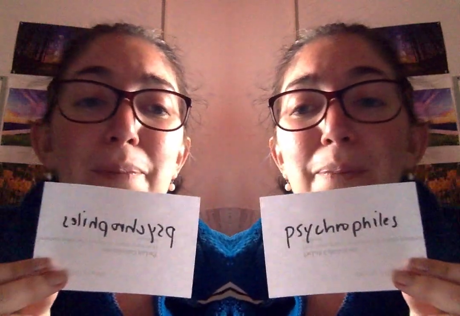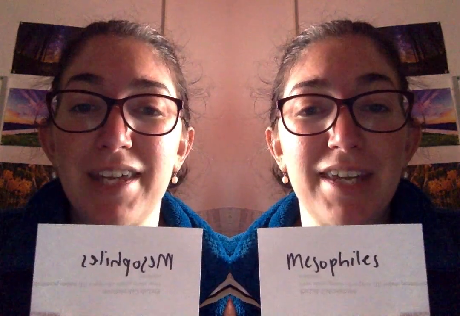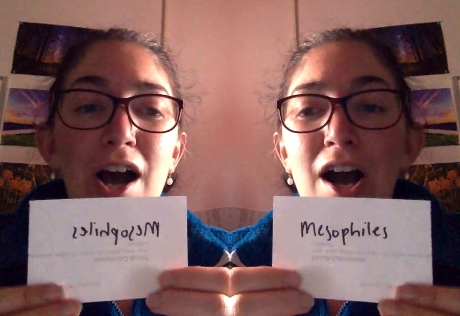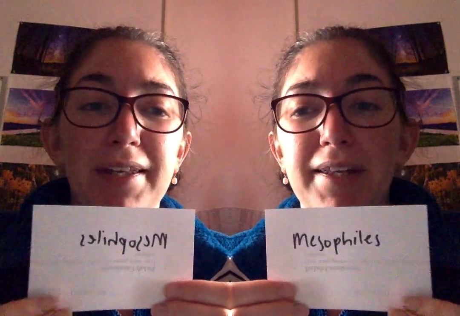So organisms that grow best at colder temperatures, we call those psychrophiles, meaning they like the cold. Organisms that grow best at intermediate temperatures, like room temperature and body temperature, would be in the mesophilic range. So those are called mesophiles, middle range likers.